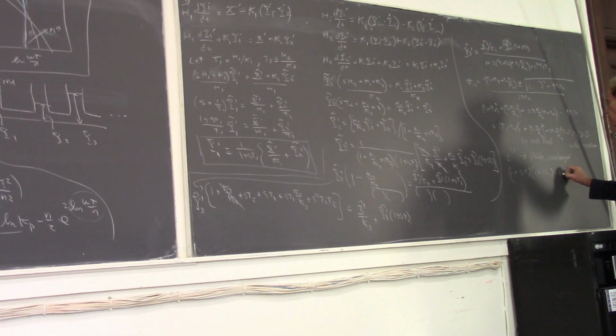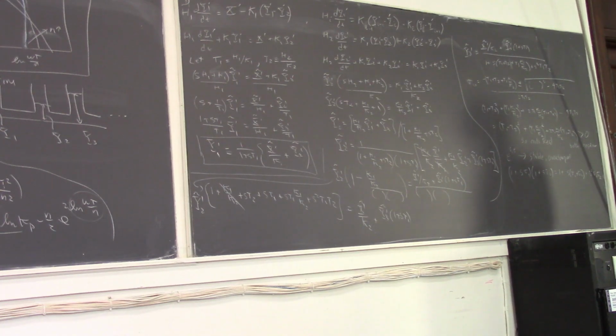So this is equal to 1 plus s times (sigma 1 plus sigma 2) plus s squared sigma 1 sigma 2. So I can compare this quadratic with this quadratic.